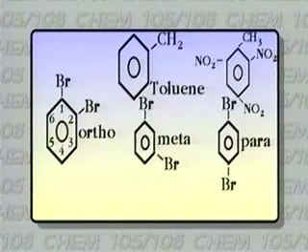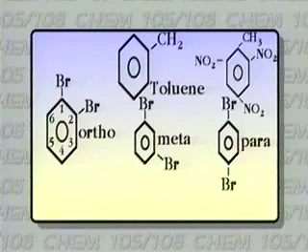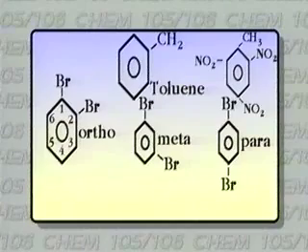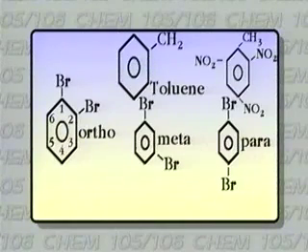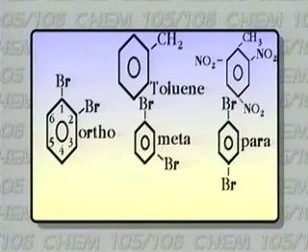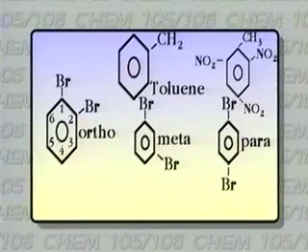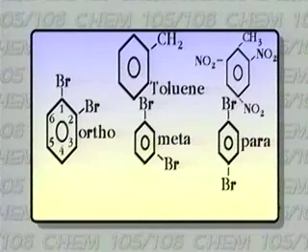Now, one of the ways that we did naming before is we numbered the carbons, and we could still do so. In the benzene ring we could number, and it doesn't make any difference where we start. We usually start where the first attached group is, and we could number 1, 2, 3, 4, 5, 6. And we always number to give the things as small a total number combination as possible.